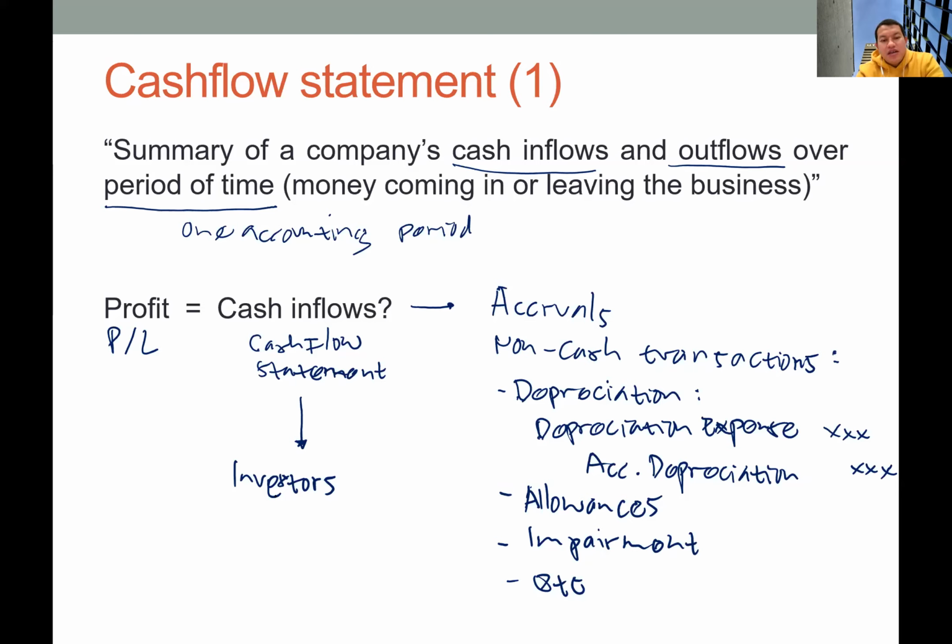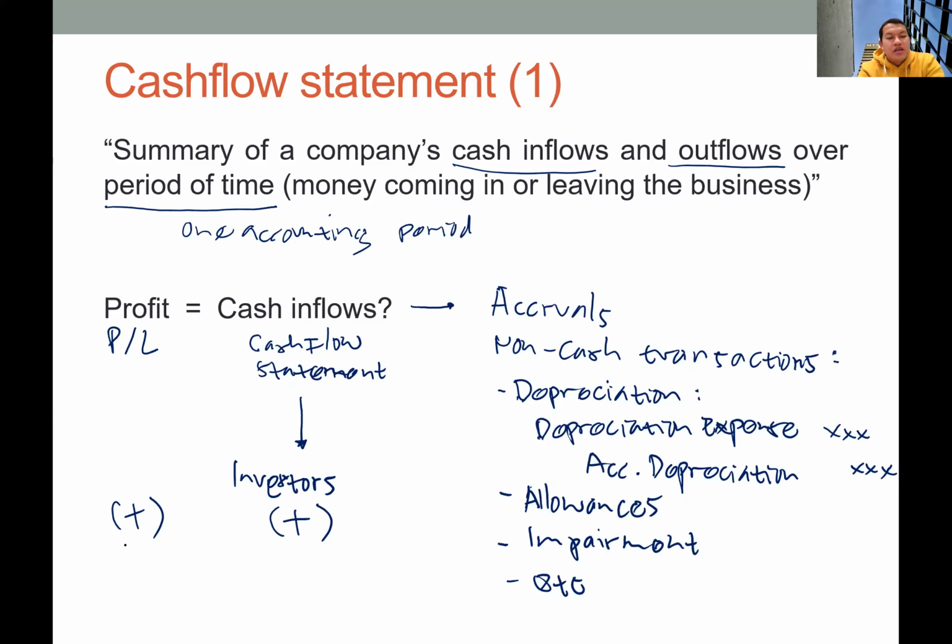Investors also use the net cash flow as a confirmation of the company's profit. If a company reports a positive profit in the profit and loss, and also reports a positive net cash flow, it means this profit may be valid from the investor perspective.